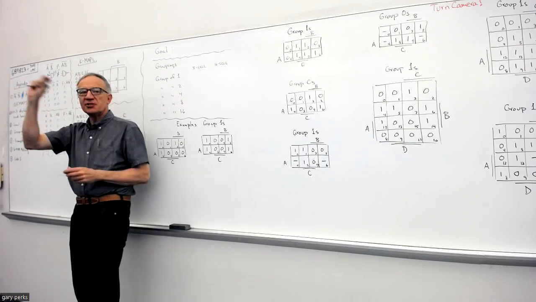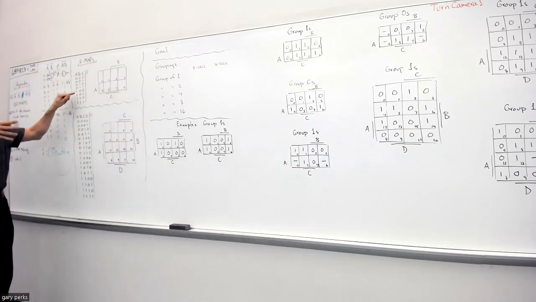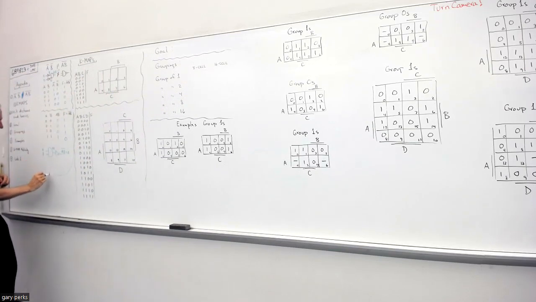If there was a 0, we put not that variable. So for example, if this term was part of one of our SOP equations like we were doing last time, we would have A, not B, not C. But you see what people do sometimes is they do this. You see, that's incorrect.